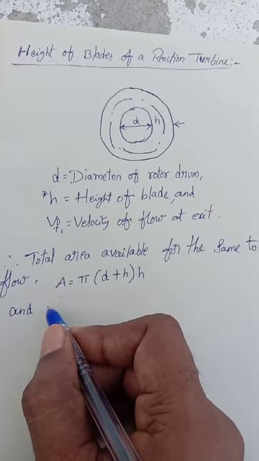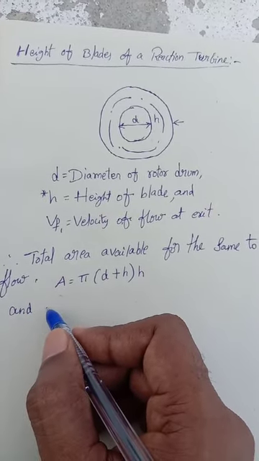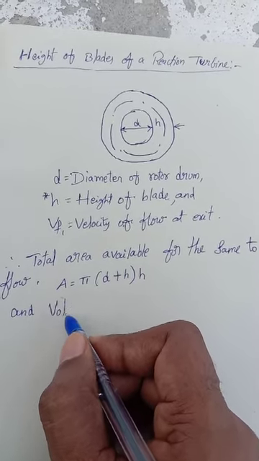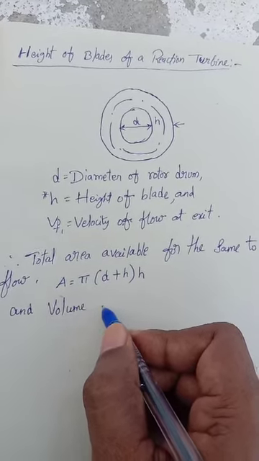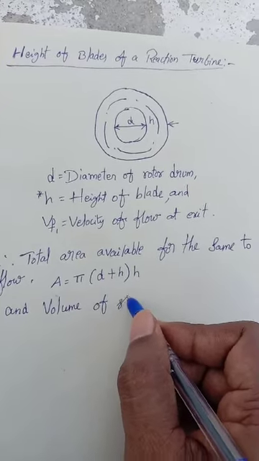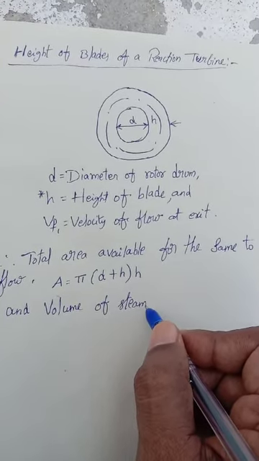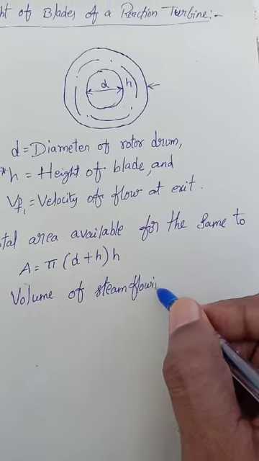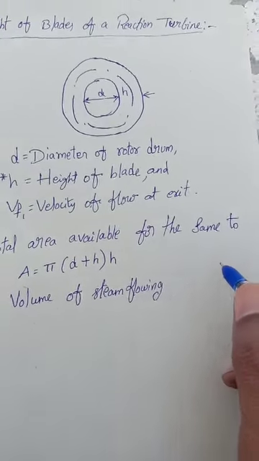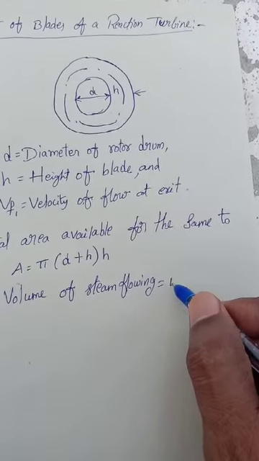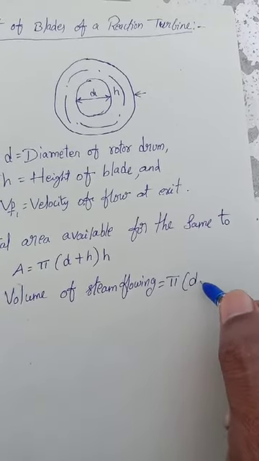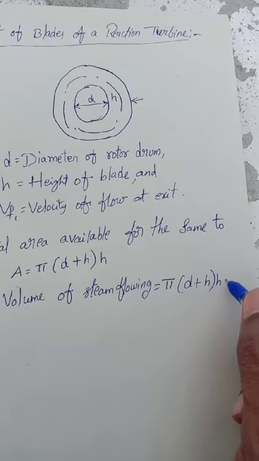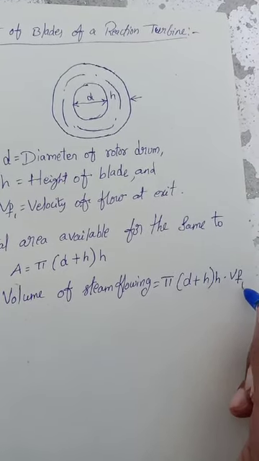Okay, and the volume of steam flowing is equal to pi into (D plus h) into h into Vf1.